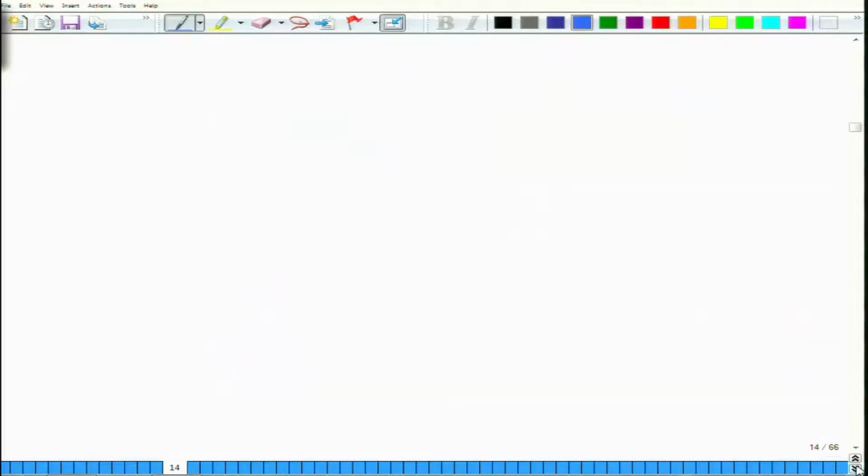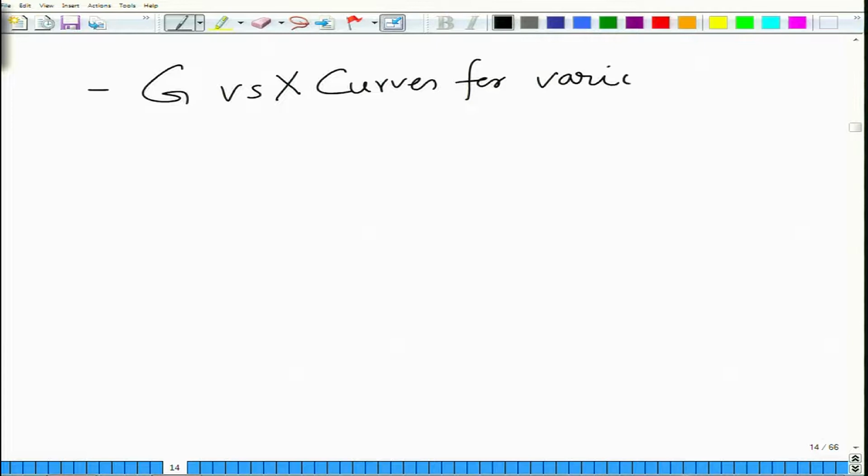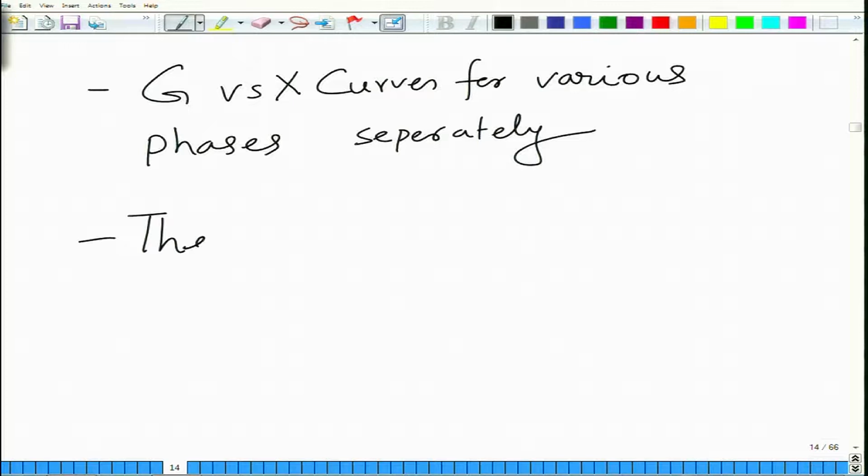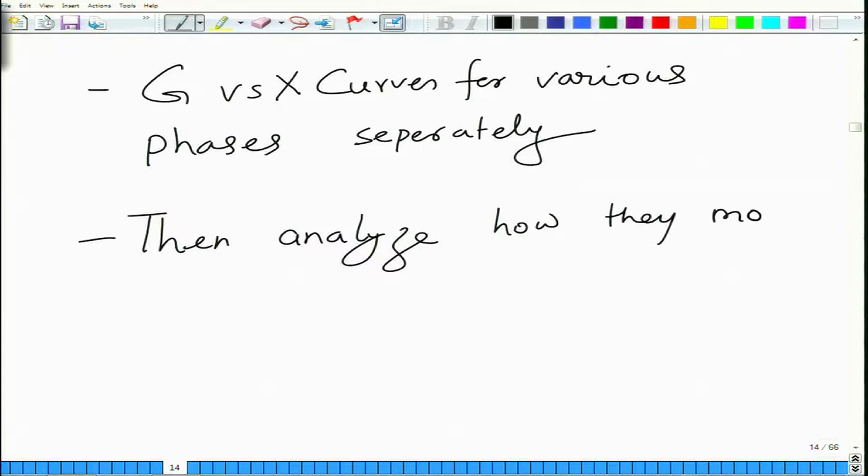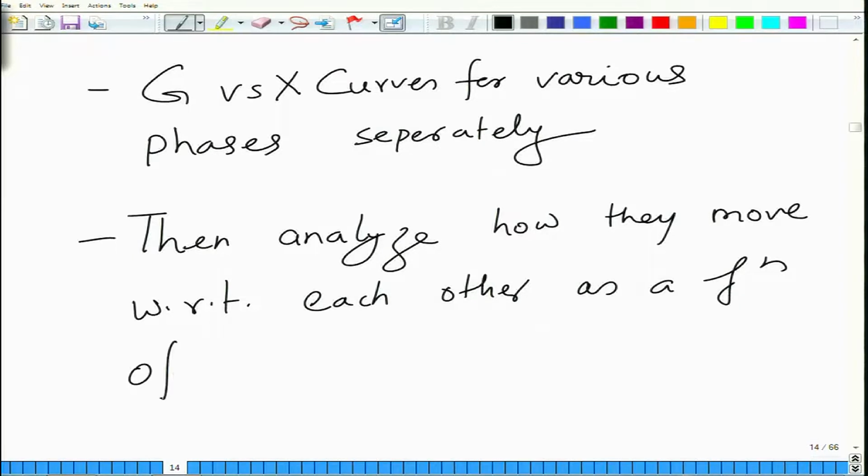Now, if these are the things, we need to be able to draw the free energy, G versus X, curves for various phases separately, and then analyze how they move with respect to each other as a function of temperature and pressure.